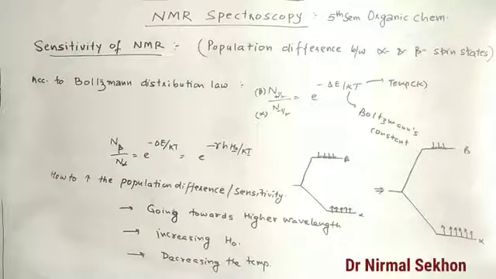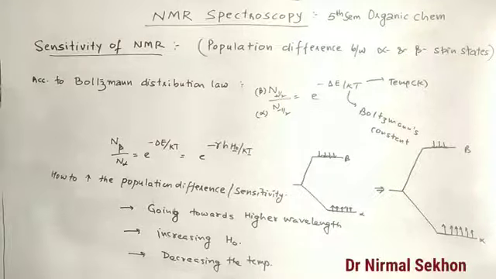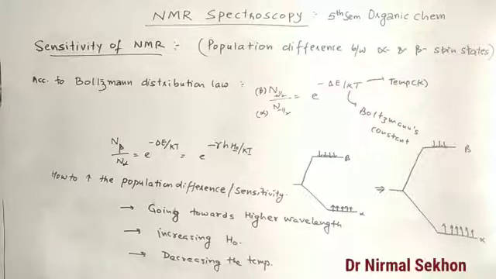Going towards longer or higher wavelength may also increase the population difference between the two spin states. So these are some factors which may increase the population or sensitivity of NMR, because sensitivity depends upon the population difference between alpha and beta.